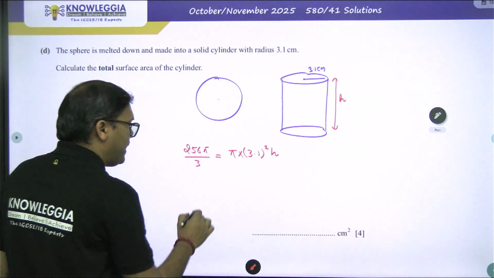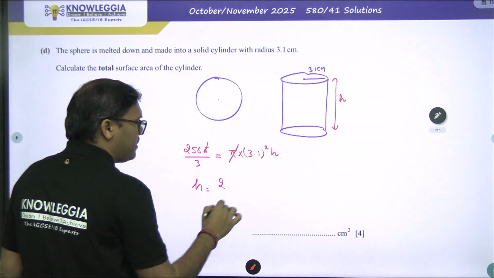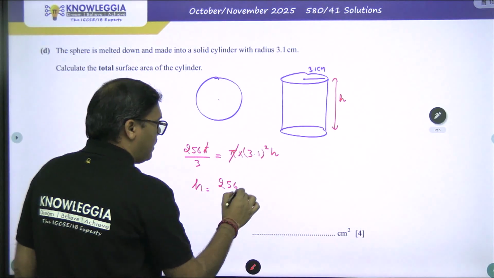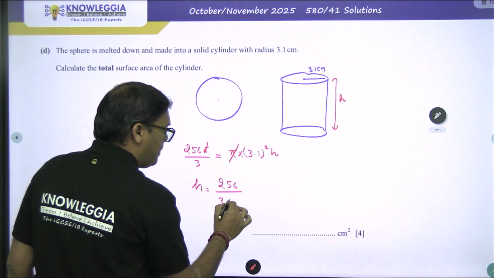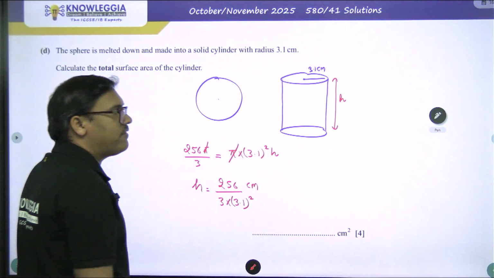So that will give you the height. h is equal to, you can cancel this pi, 256 divided by 3 into 3.1 square centimeters. That will be the height of this.